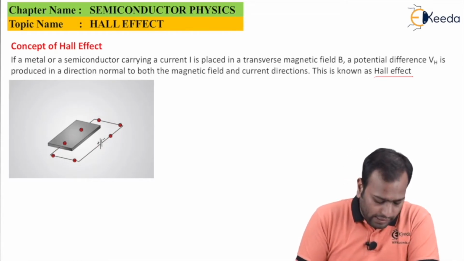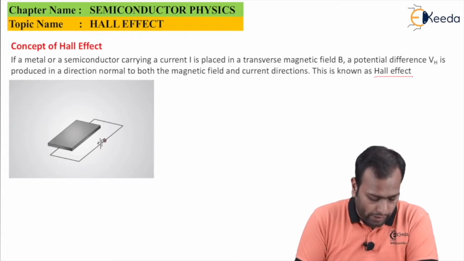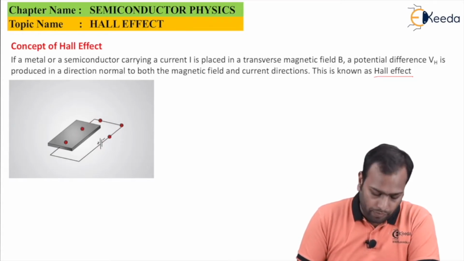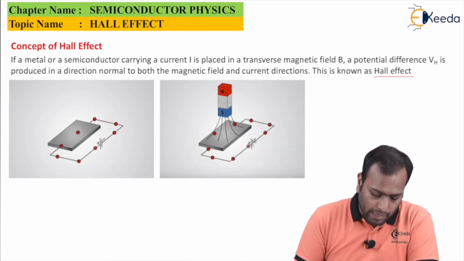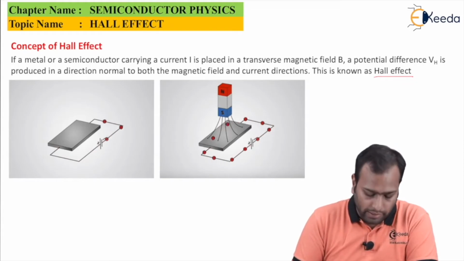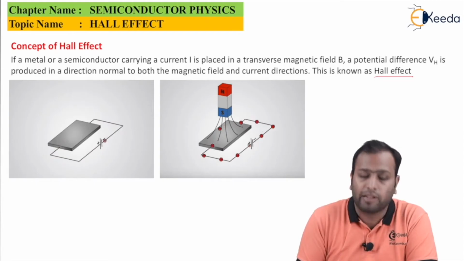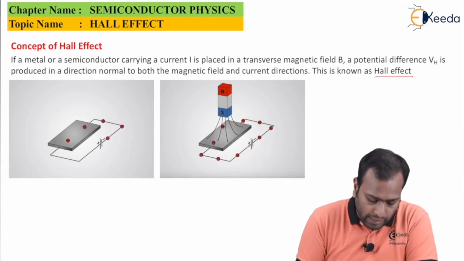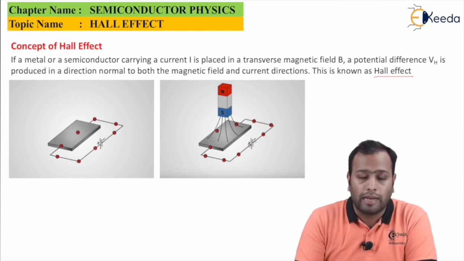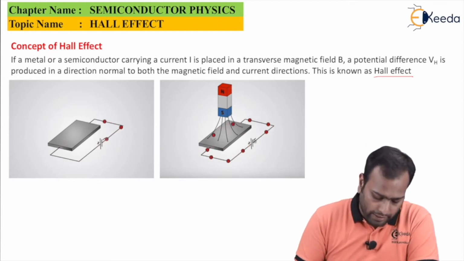Now as you can see, all the electrons are going in the same alignment. If I place a magnet over it, you can see there is a change in the direction, or there is a deviation in the path of the electrons. You can see the electrons are shifted to the lateral side of the conductor.